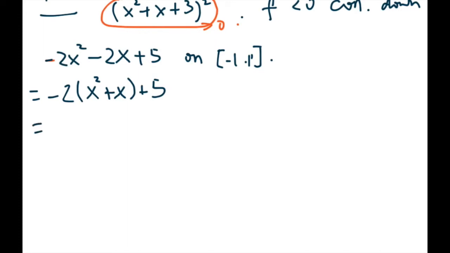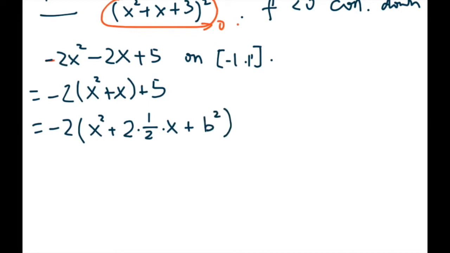Okay, and then we have -2 times (x squared plus 2 times 1/2 times x plus some other constant b squared, and then minus b squared), so nothing changed here, plus 5.